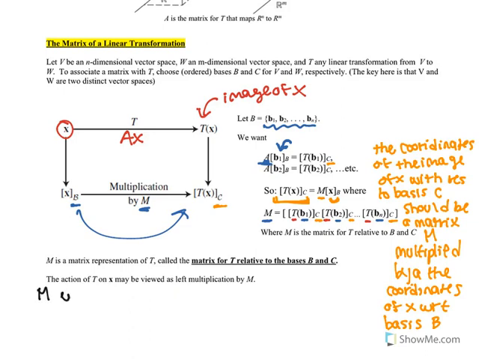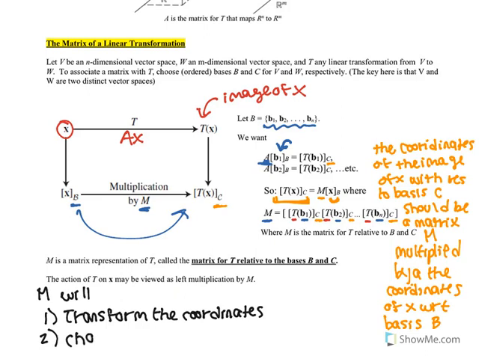M will, 1, transform the coordinates, and 2, change the basis from B to C simultaneously.